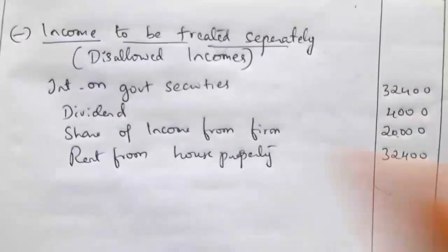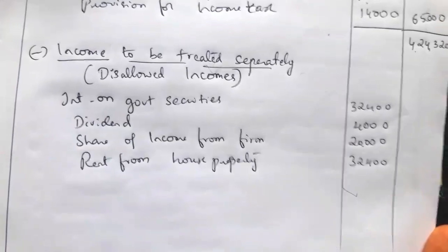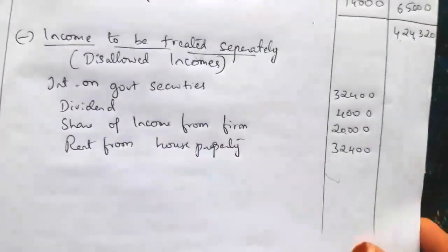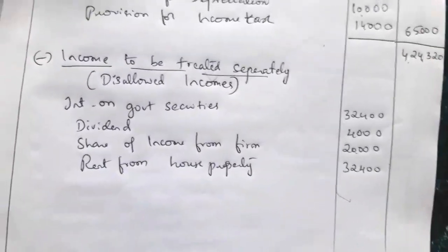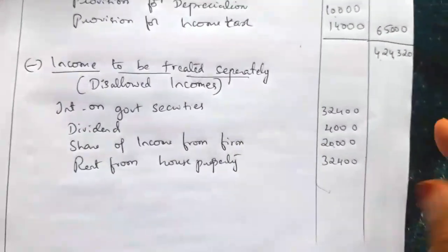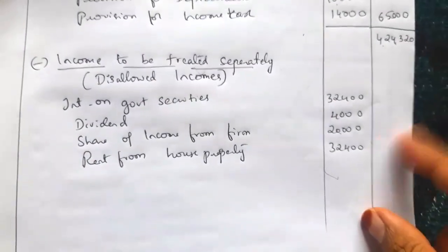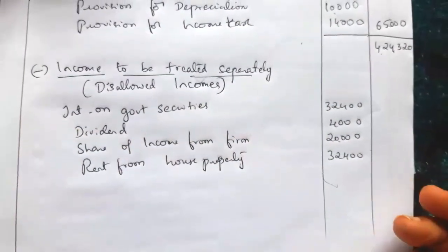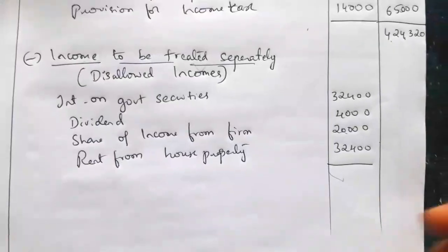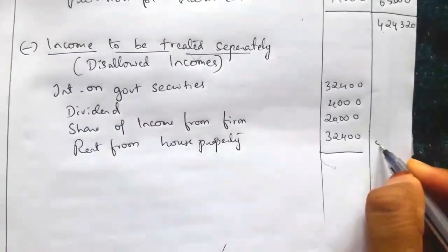All these incomes are not relating to business, so they should be taxed under other heads. They should not be taxed under business income. So they are separated from the credit side of the profit and loss account by deducting them from the net profit. The total is equal to 88,800.